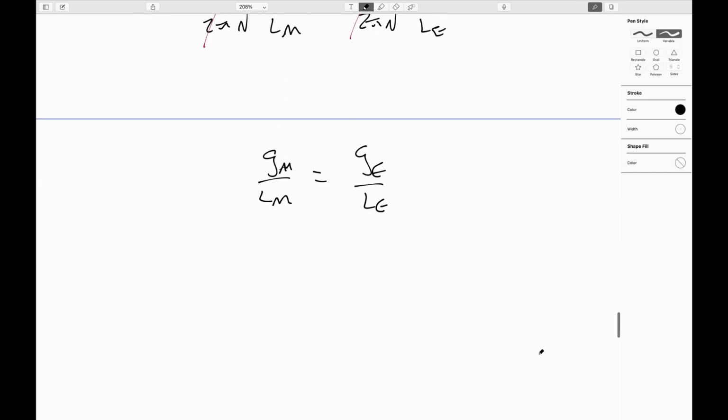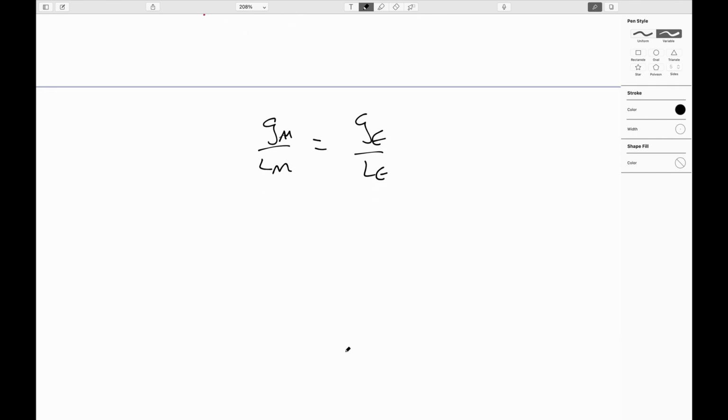So we can go ahead and rearrange this to solve for L moon. So the length on the moon will be g moon over g Earth times the length on the Earth. But we said that g moon was about 1/6 that of the Earth.